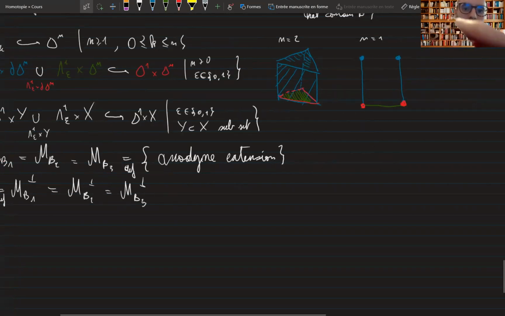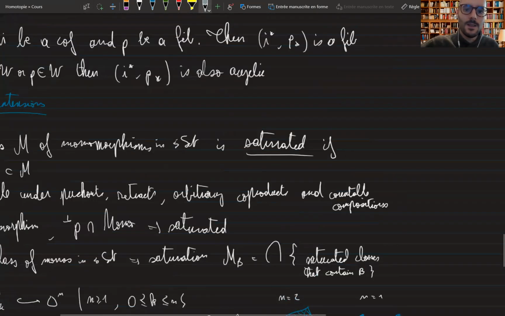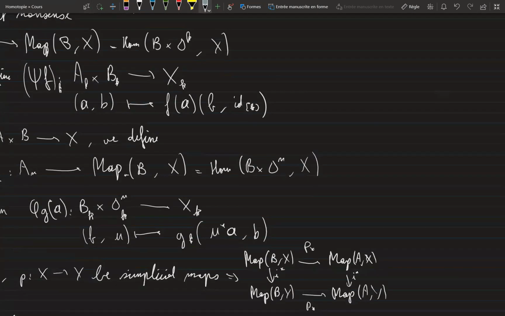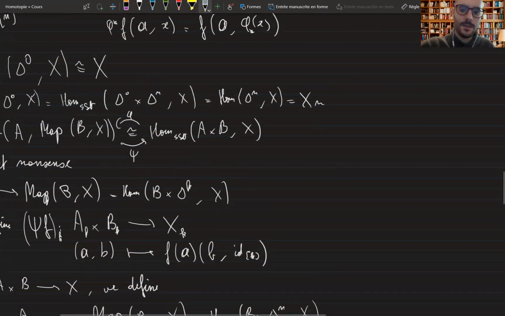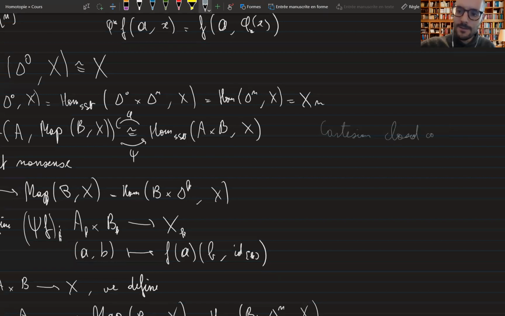Maybe I can write it. Where is the statement? Here, it's Cartesian closed model. Not model, just a category. This is just a very nice setting to do a lot of categorical stuff.